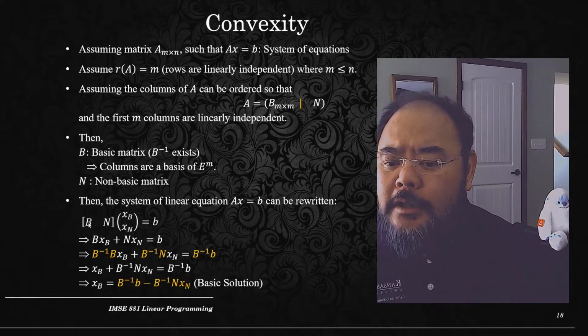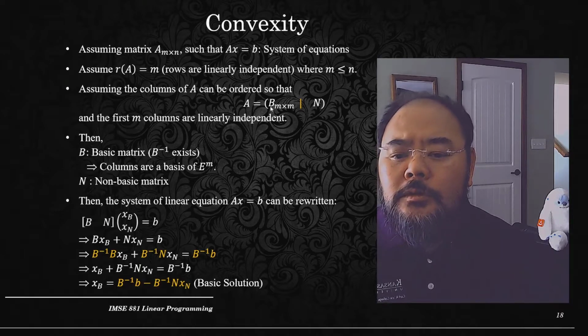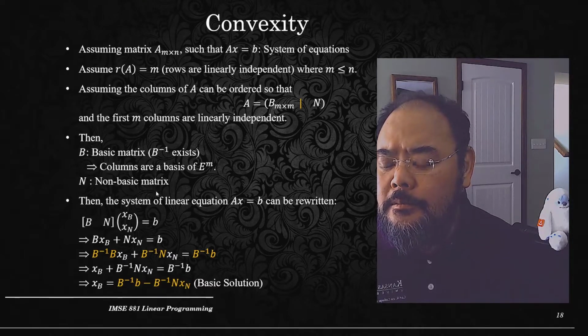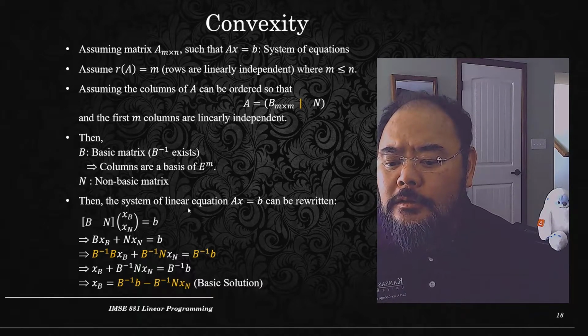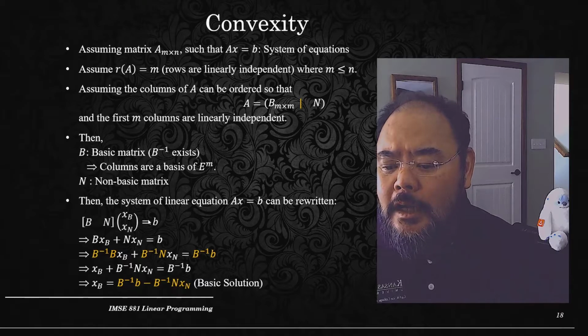So we partition the matrix A into B and N, and we also partition our variable x into XB and XN. Okay, this still equals the right-hand side b. I can expand this out: B times XB plus N times XN equals b.